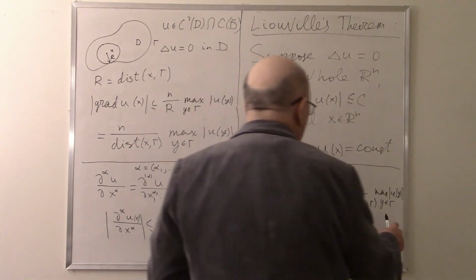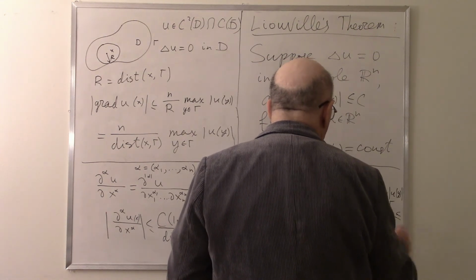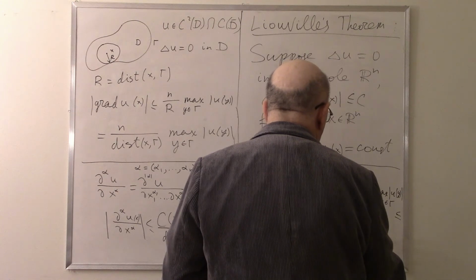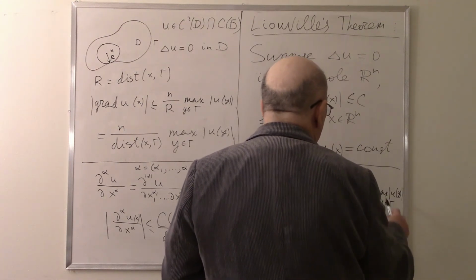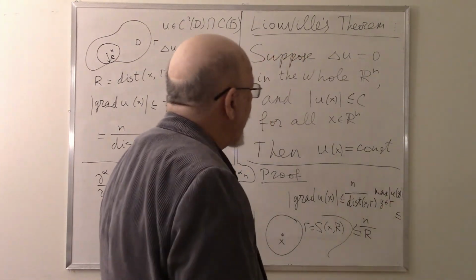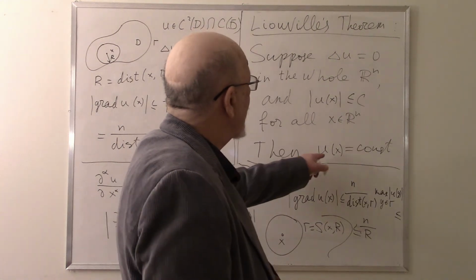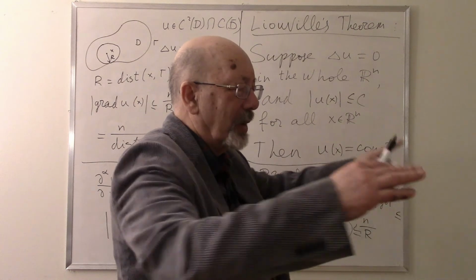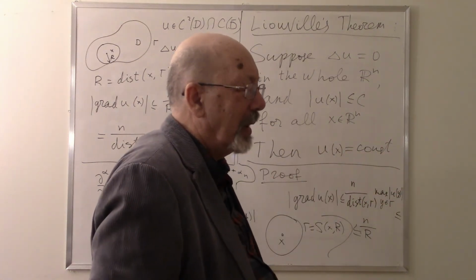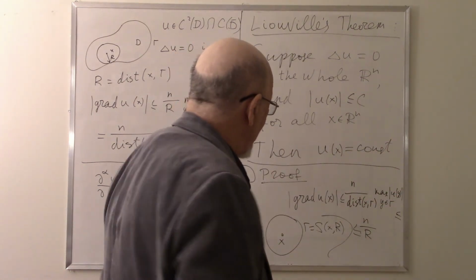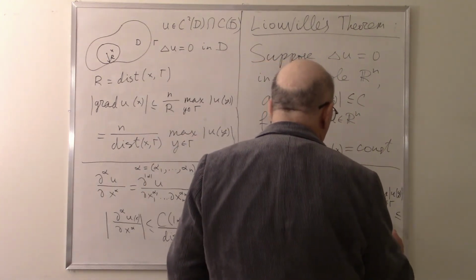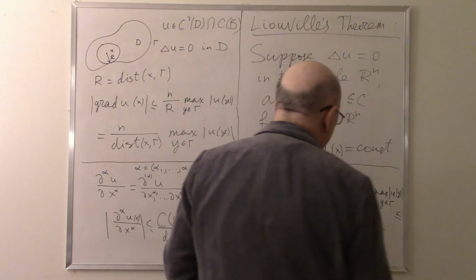So it is less or equal than n divided by r times the maximum of the modulus of y, which is less than some C. The function is bounded by C everywhere, in particular on this large sphere, so we get n times C divided by r.